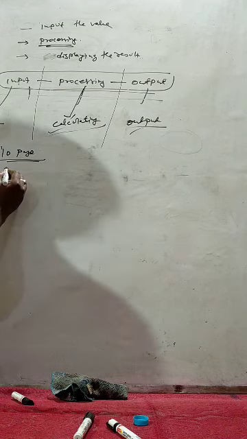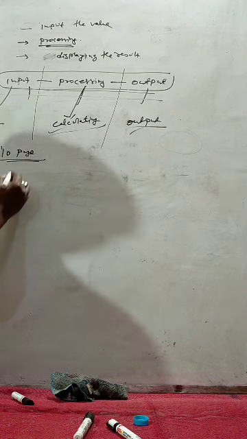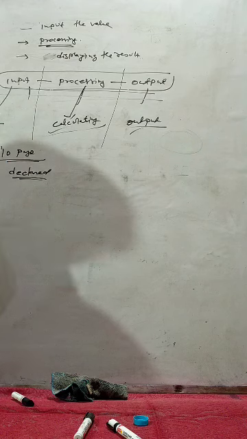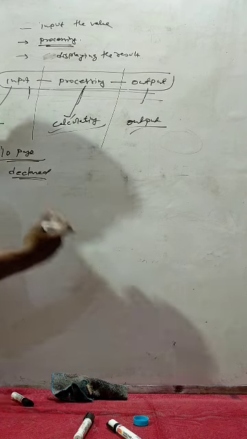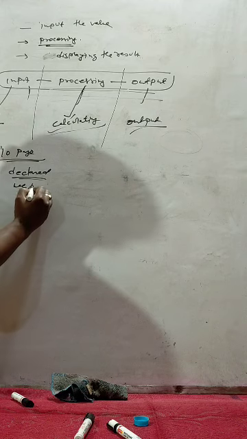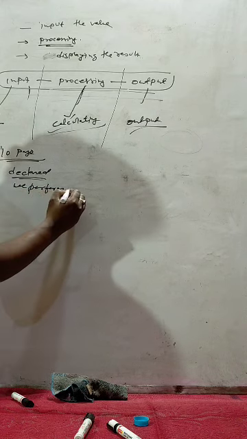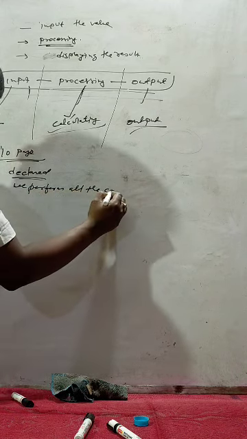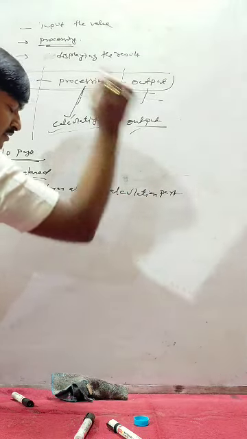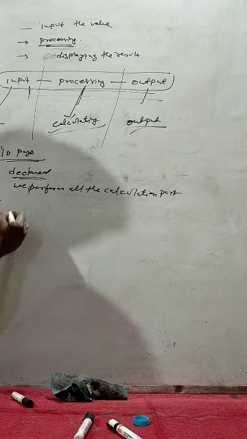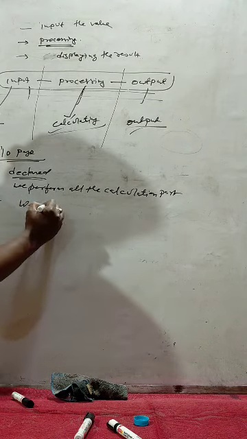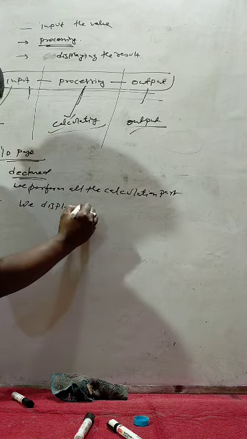In the first part, we declared all the variables. In the second, third, fourth, fifth, sixth, seventh pages, we perform all the calculation part. Okay, and in the last 9th and 10th pages, we display the result.